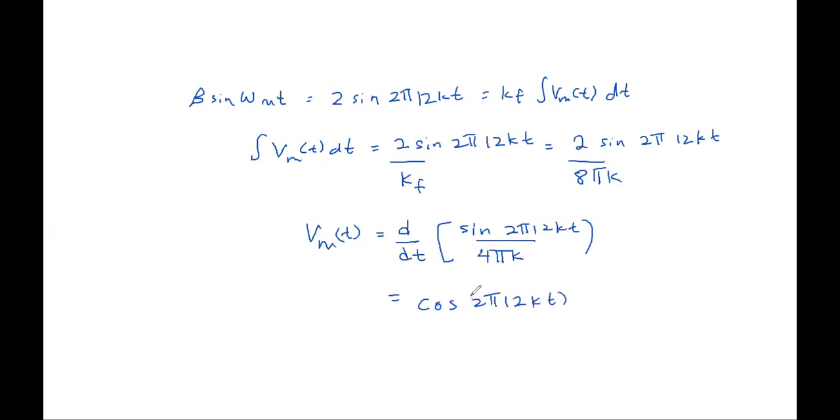And then you multiply with the derivative of the terms inside, 2 pi 12k, then this divided by 4 pi k.